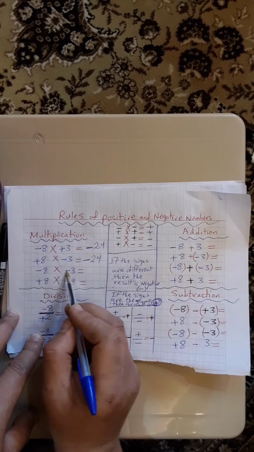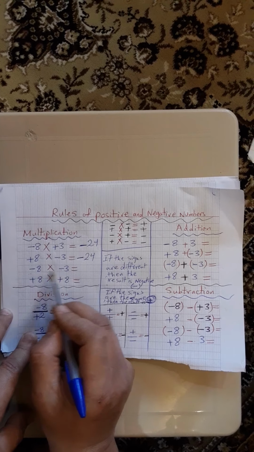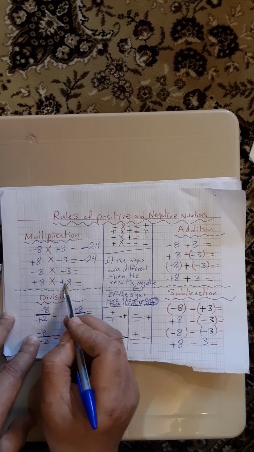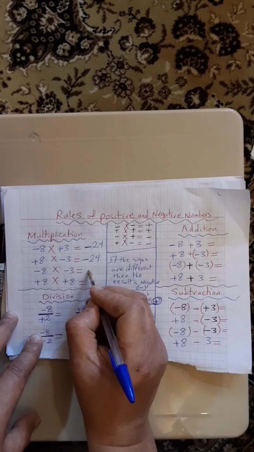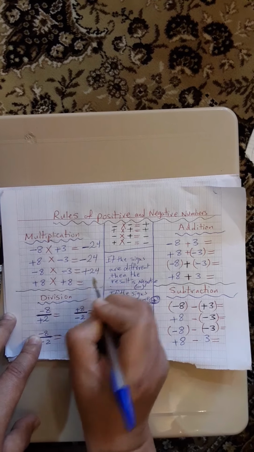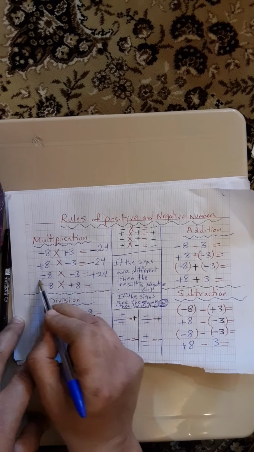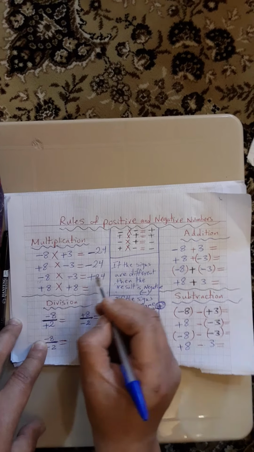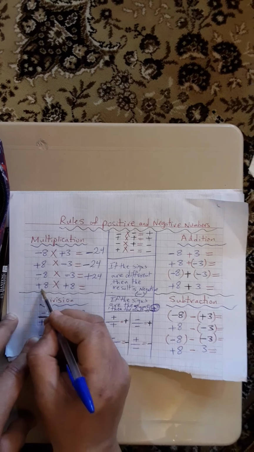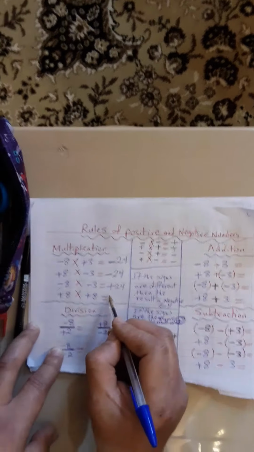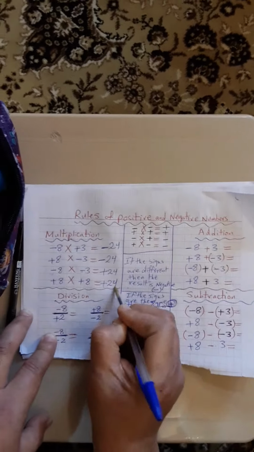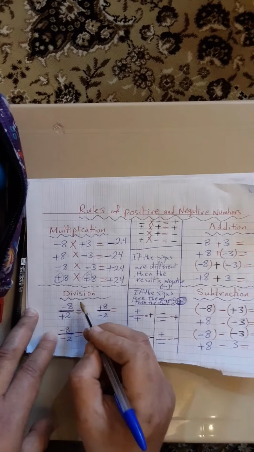But if we have the same signs, minus times minus or plus times plus, minus 8 times minus 3 is plus 24, because the signs are the same. Plus 8 times plus 3 is plus 24, because the signs are the same, plus and plus.